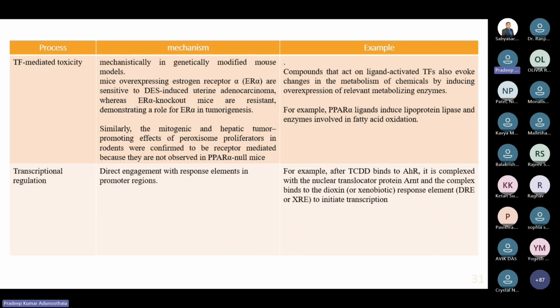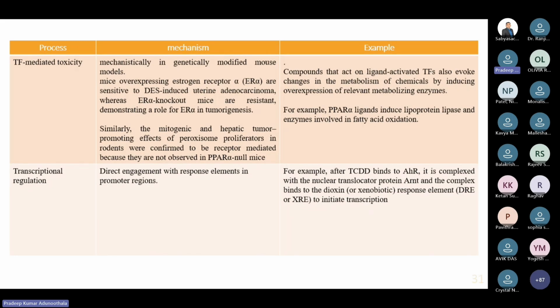The compounds that act on ligand activated TFs also evoke changes in the metabolism of chemicals by inducing overexpression of relevant metabolizing enzymes. For example, PPAR alpha ligands induce lipoprotein lipase and enzymes involved in fatty acid oxidation. And finally, the transcriptional regulation, where there is direct engagement with response elements in the promoter regions of the gene, direct engagement of the chemical instead of the transcription factor engagement.